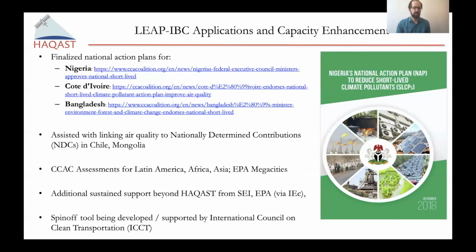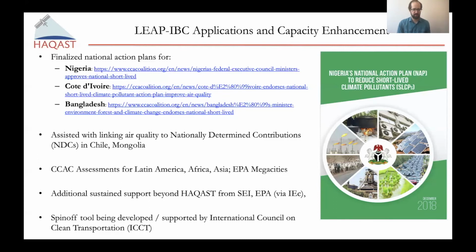The fact that EPA has been able to continue doing this work over the last number of years has been really exciting. So as you heard in the descriptions of the current applications of LEAP IBC, a lot of these projects are still ongoing. And I think a major success of our HACAST work is that the stakeholders, SEI and EPA via Industrial Economics, are continuing to support financially and also develop and apply this tool.